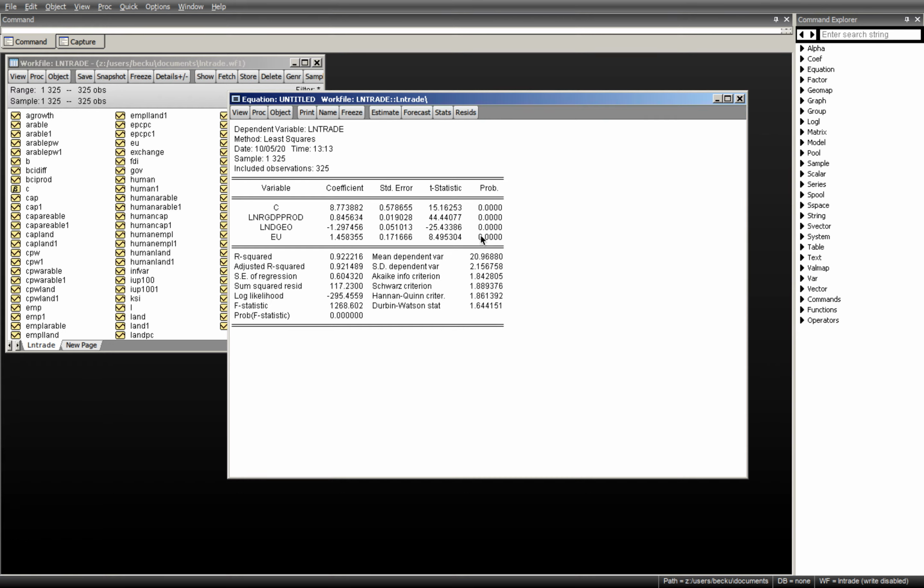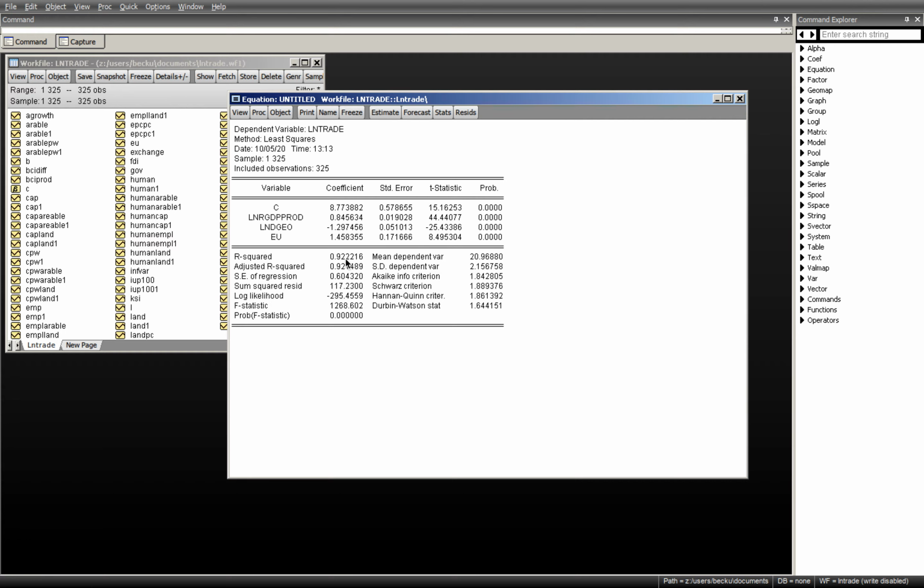Again, the variable is significant at any imaginable level, and being a member of the European Union leads to higher trade flows. R squared increased by 0.02, which is not much. But still, we were able to explain trade flows better.